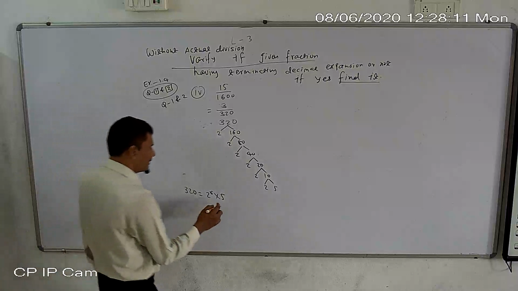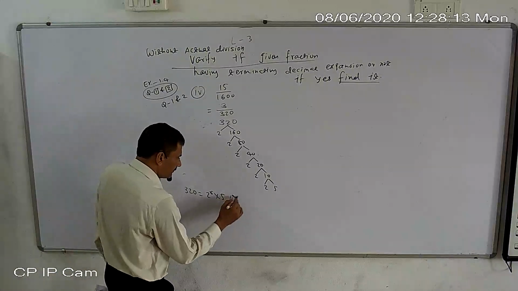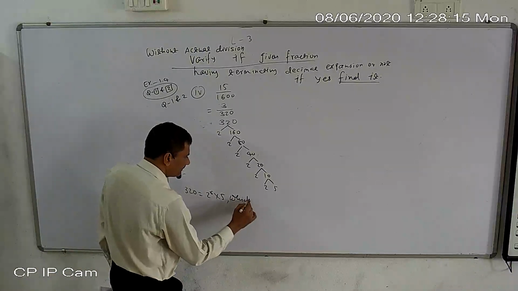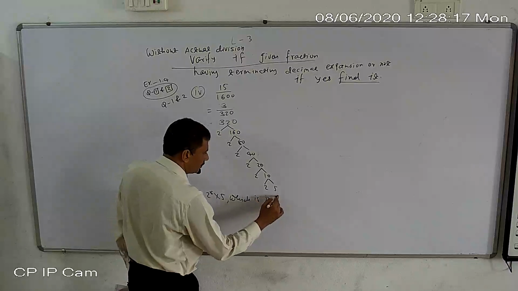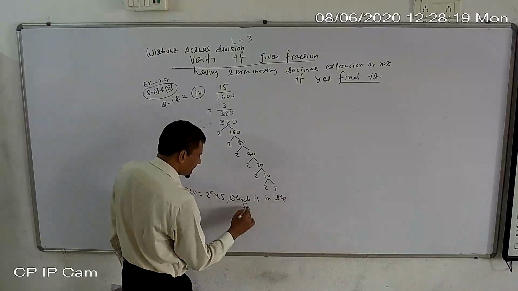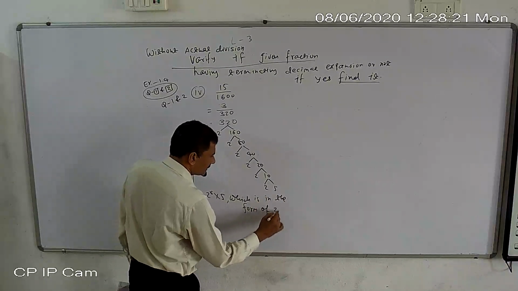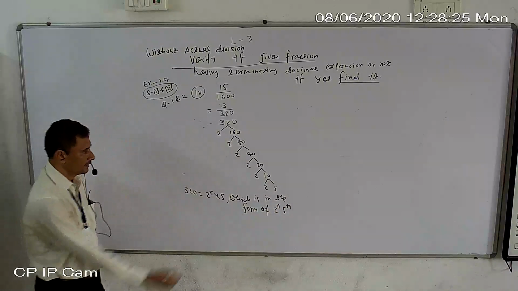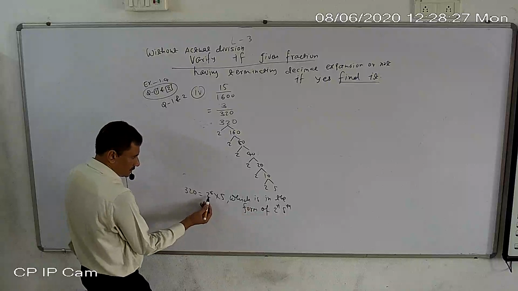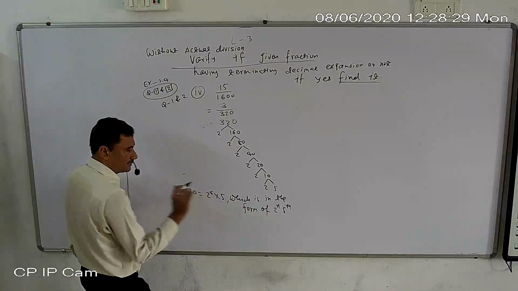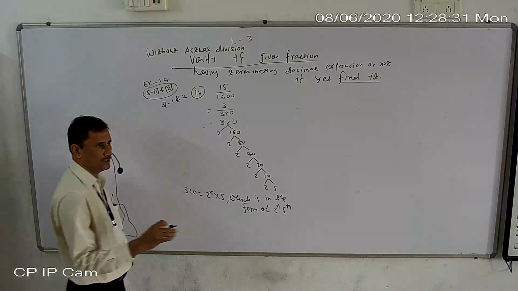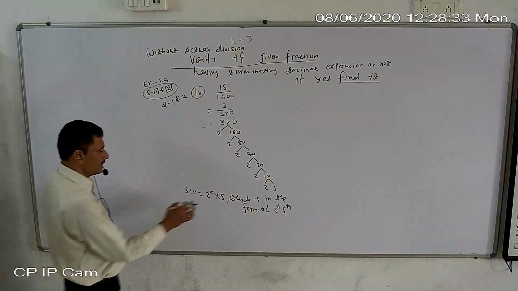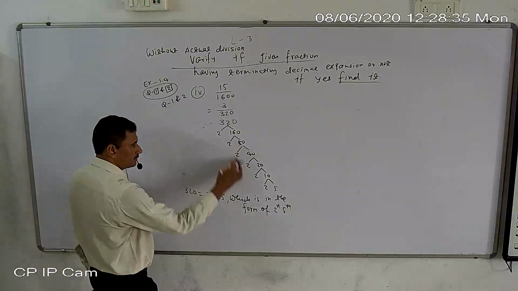Write down here that it is in the form of 2 raised to n, 5 raised to n. 2 and 5 only, no other numbers, no 3, no 7, no 11, no 13. Only factors from 2 and 5.